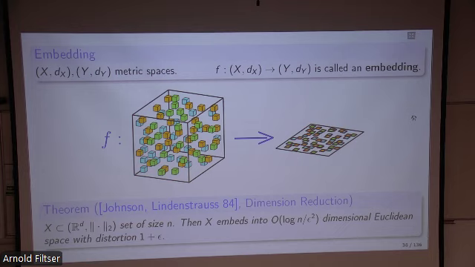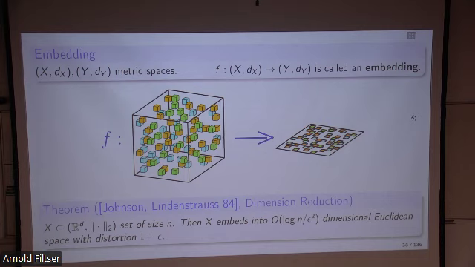And they show that you actually can reduce the dimension to log n over epsilon squared while paying only distortion 1 plus epsilon. This means you almost perfectly preserve all the distances up to a 1 plus epsilon factor, while the dimension is now only logarithmic. This means that you can always assume that the number of dimensions is at most log n.